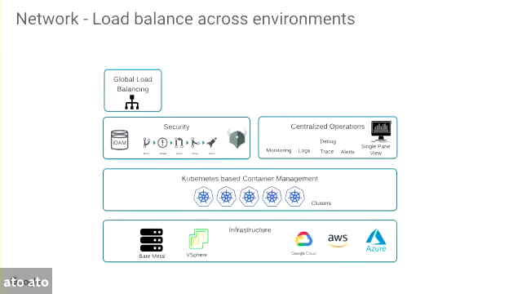Your applications are deployed across multiple clusters in different locations. Some are in your data center. The same app is deployed in the US West region, US East region, maybe in Europe, maybe in Asia, and there are users all over the world.